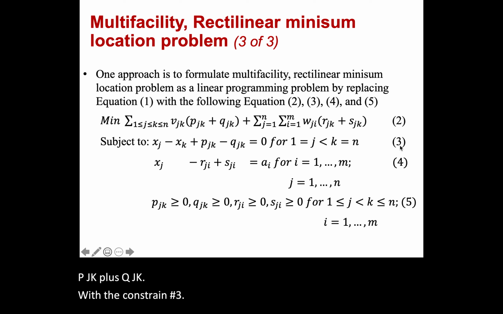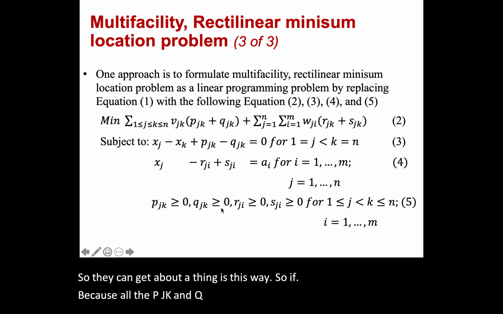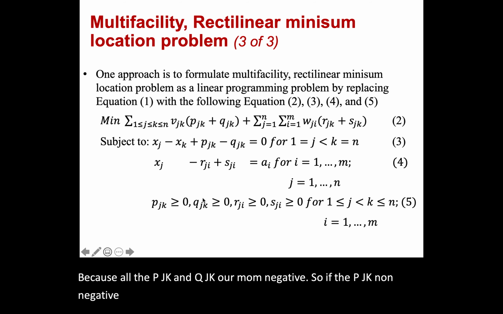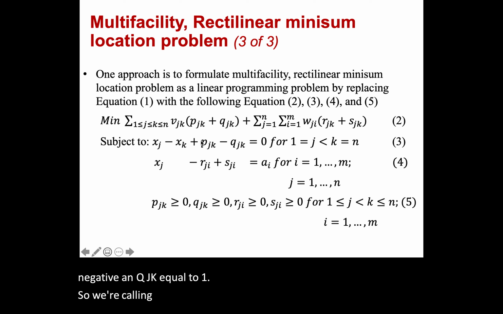Think about it this way. Because all the pjk and qjk are non-negative, if pjk is non-negative and qjk equals 0, then according to constraint number 3, pjk will be equal to xj minus xk.